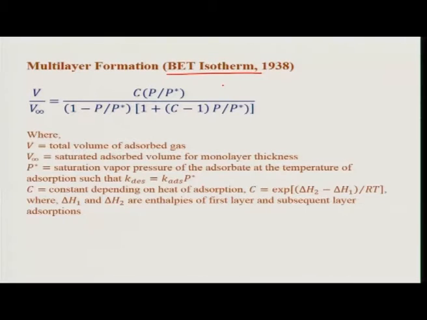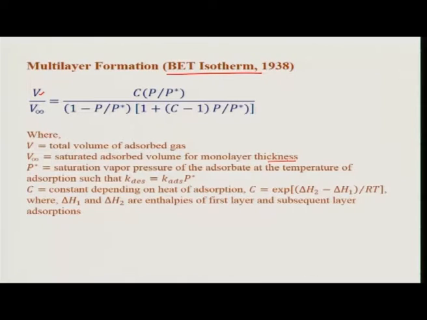We are not going into the details of the derivation, but this expression tells you the coverage in volume. So, this is the total volume of adsorbed gas V over the saturated adsorbed volume for monolayer thickness.